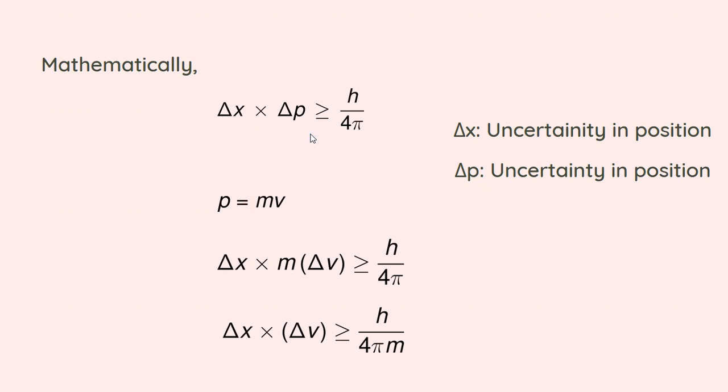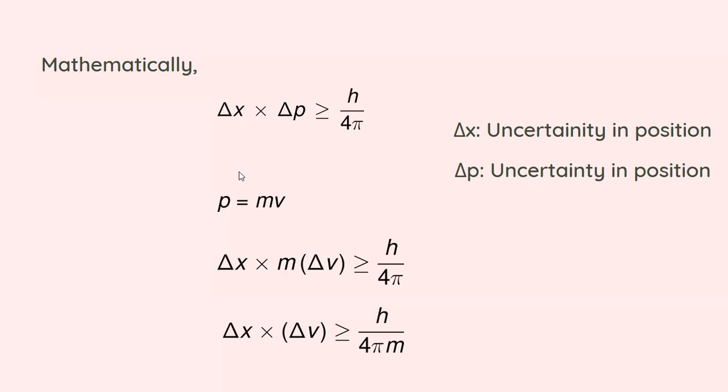If delta x is small, the position of the particle will be known, but the uncertainty in momentum will be large. Similarly, if delta p is small, that is, the momentum is known, then the uncertainty in position will be very large.